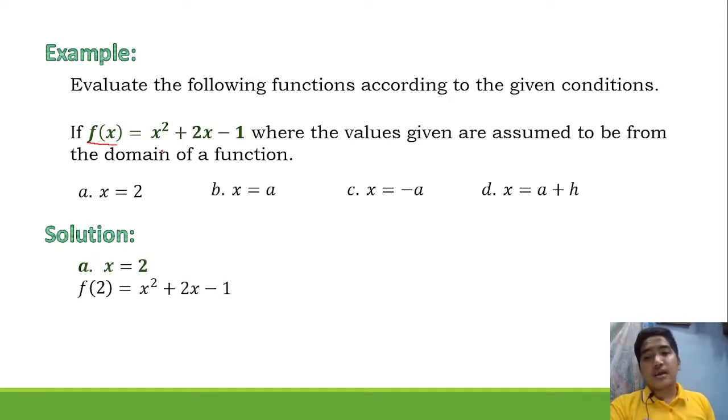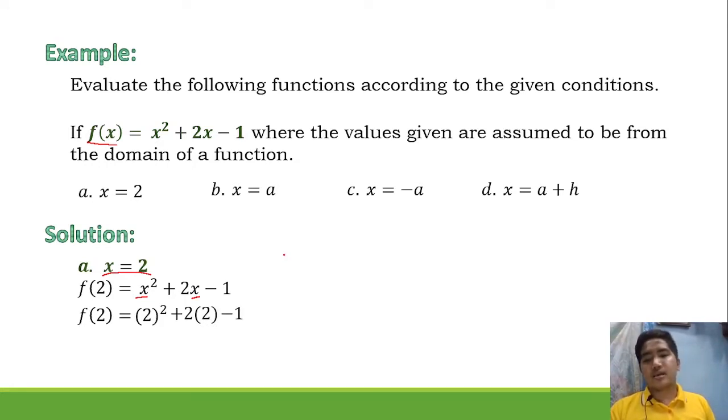And then we will substitute the value of x, which is equal to 2, into our equation. So we just change the x in our equation to 2, because our condition says x is equal to 2. So f of 2 is equal to 2 squared plus 2 times 2 minus 1.